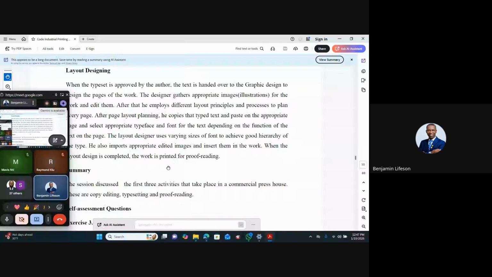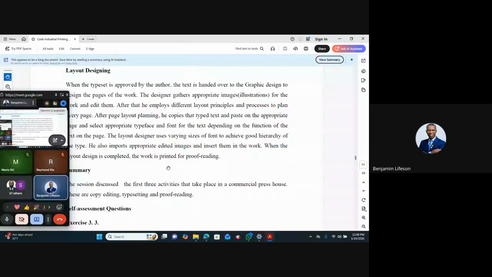Then we'll look at the alignment, considering all the principles and elements of design. You balance it, ensure visual harmony. Is it going to be symmetrical balance or asymmetrical balance? Your distance, your layout, your design. If you make it symmetrical balance, would it be pleasing to the eye, or what?